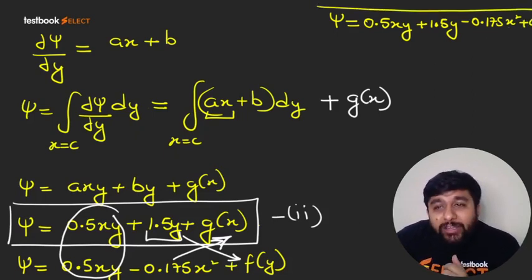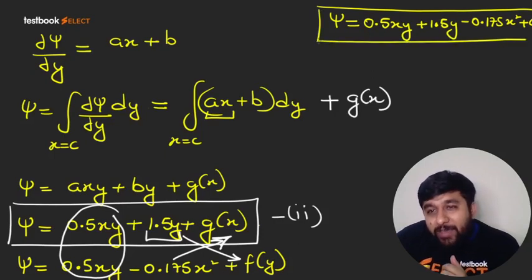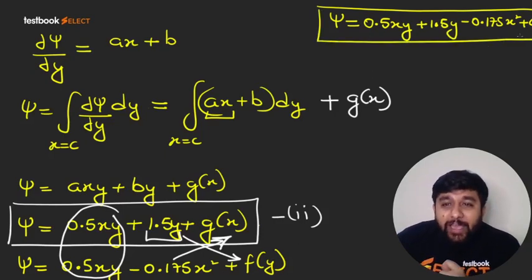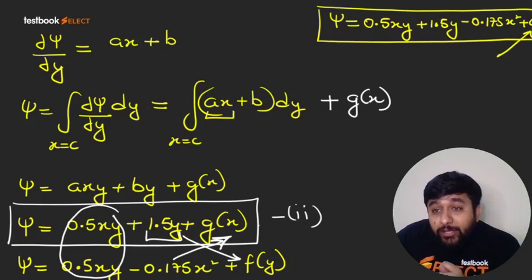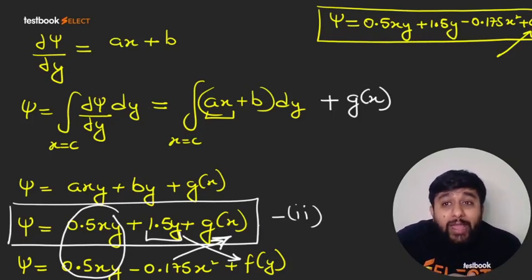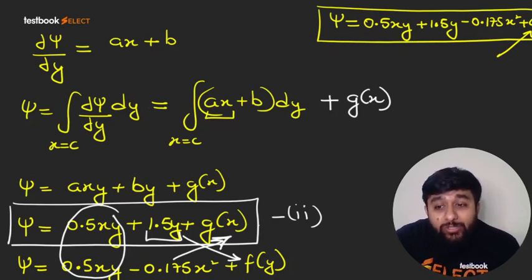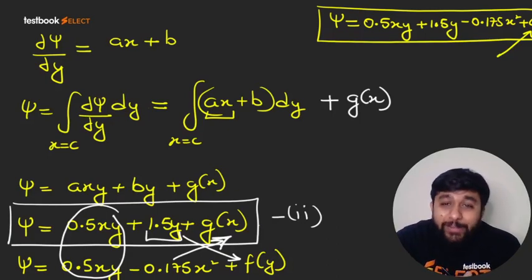This is the final expression of psi. And this constant you can determine if some sort of boundary condition is given to you, like it is said that the value of psi at 1, 1 is 10. Then you can determine this numerical constant also.